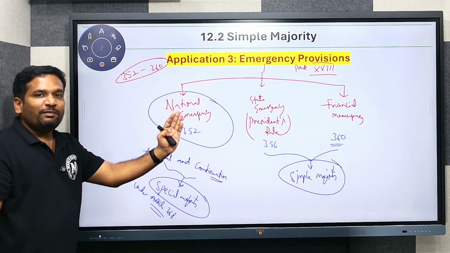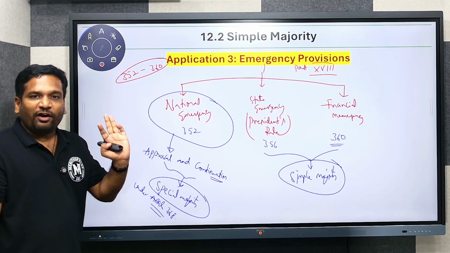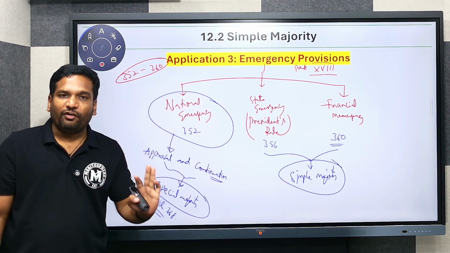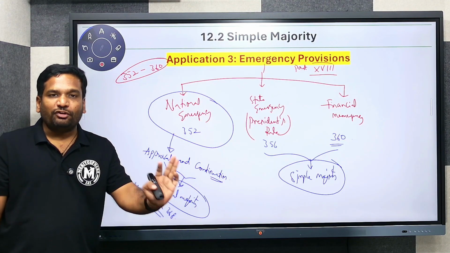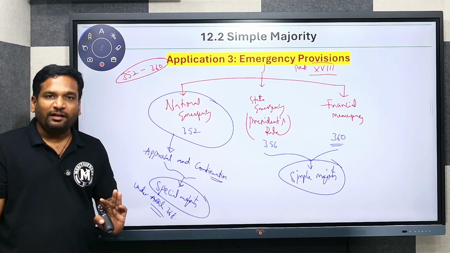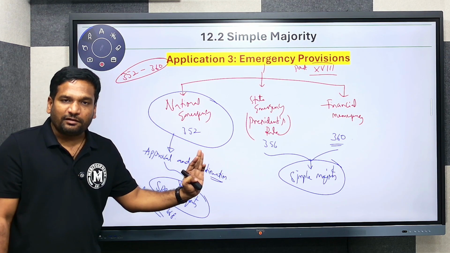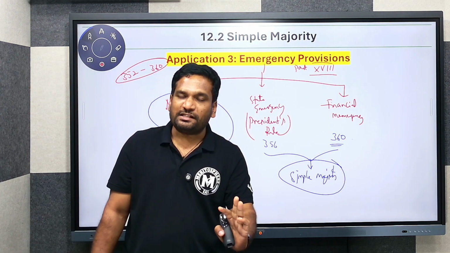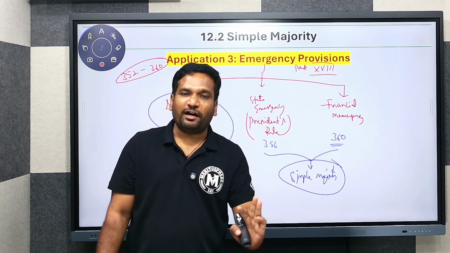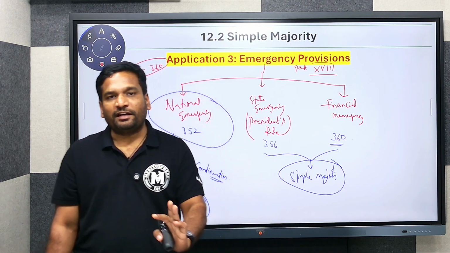Earlier, for the national emergency also, the simple majority was used, but after the 44th Amendment Act of 1978, the simple majority requirement was changed to special majority to make sure that a national emergency cannot be proclaimed that easily. As we have seen, in the internal emergency of 1975 to 1977, under the leadership of Indira Gandhi, there was a proclamation of national emergency on the grounds of internal disturbance.